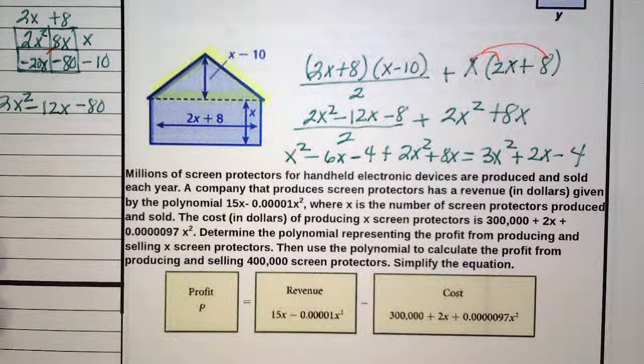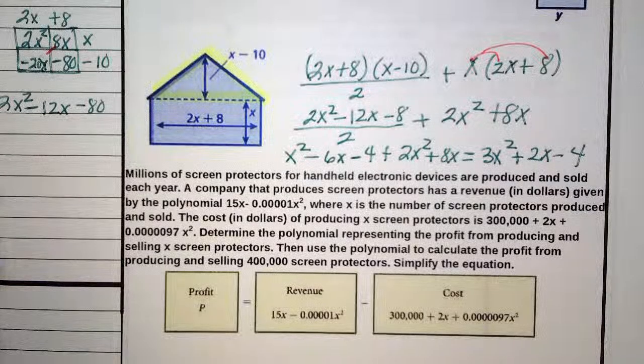Determine the polynomial representing the profit from producing and selling x screen protectors. Then use the polynomial to calculate the profits from producing and selling 400,000 screen protectors. Always simplify those equations. Okay, that was a lot, but they've given us this kind of graphic organizer.